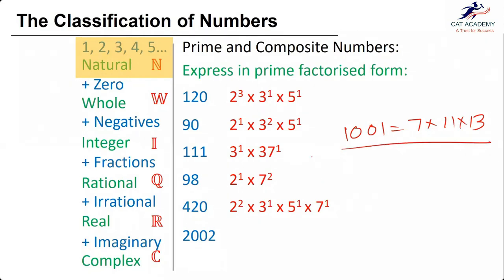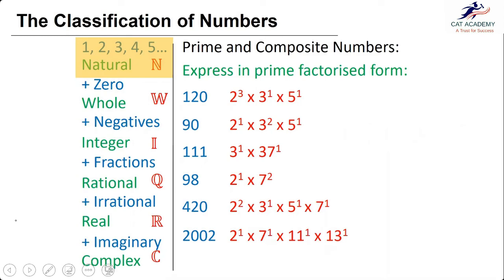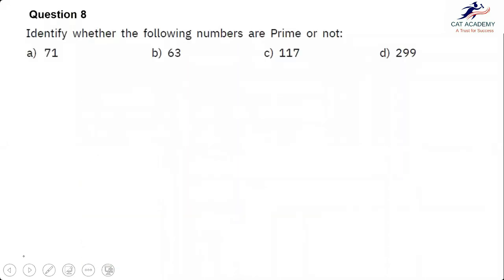Remember this always, that 1001 is 7 into 11 into 13. Many a times in factorization or some other trick, this will be useful. So 2002 over here will be 2, 7, 11, 13. Okay? So identify which of the following numbers are prime and which are not.